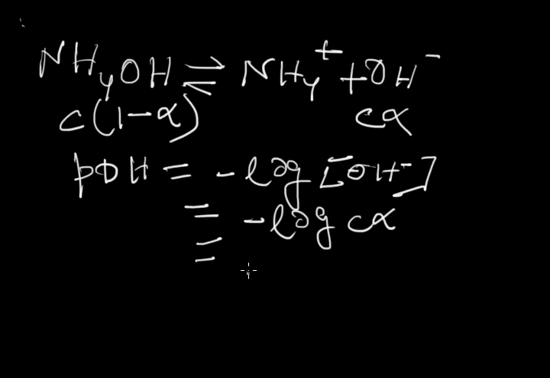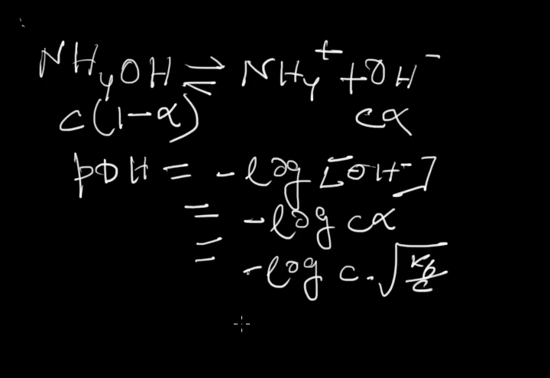Therefore, according to Ostwald's dilution law, in place of alpha we can write root over Kb by C. Now what is Kb? Kb is the dissociation constant of the weak base ammonium hydroxide. So the equation becomes minus log of root over Kb into C.